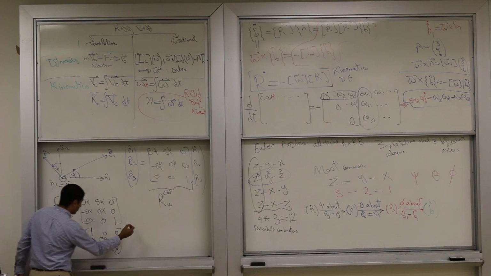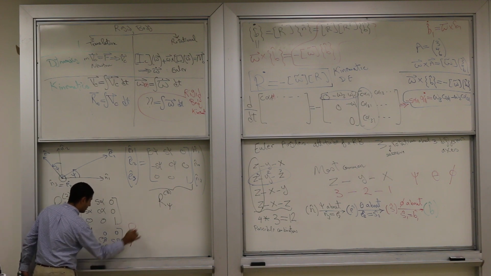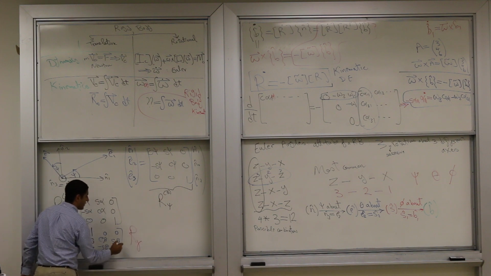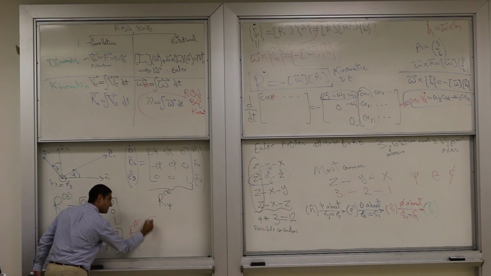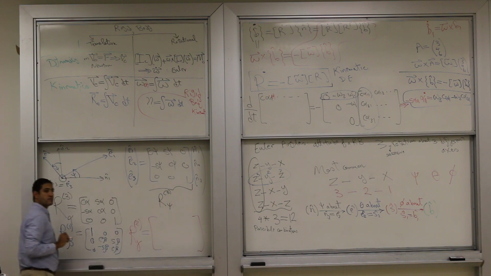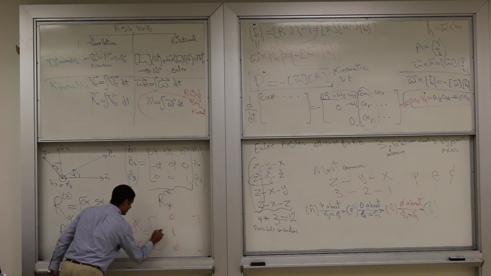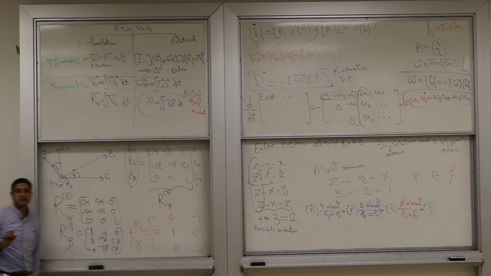So likewise, I can also do a rotation matrix by any angle, say gamma, about the second axis, right? Now this one is in the 2, 2 element. Okay? Any question about that?